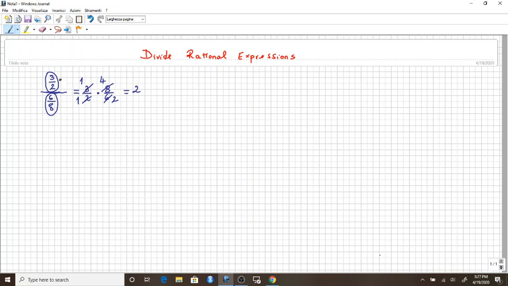So we use the fact that the division of two fractions is equivalent to the product with the reciprocal of the second. We pick up the first fraction, multiply by the reciprocal of the second one, and then we simplify. We're going to use this process for rational expressions.